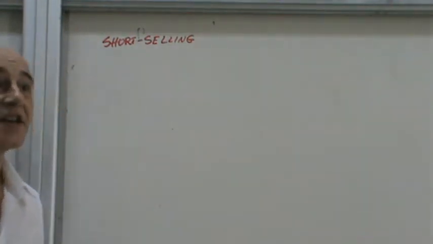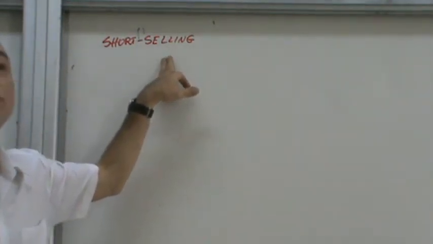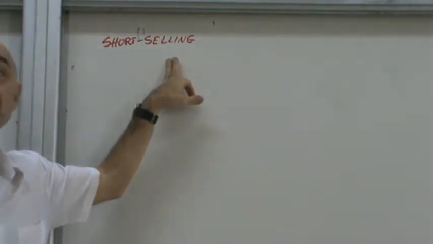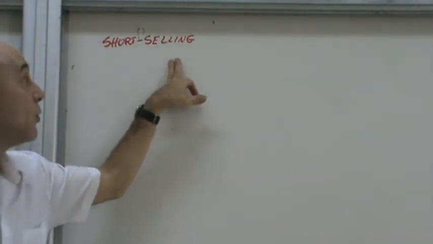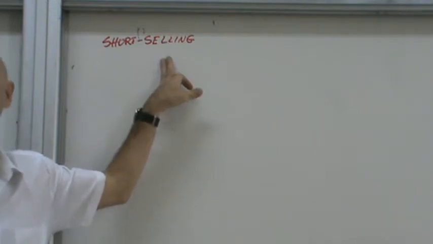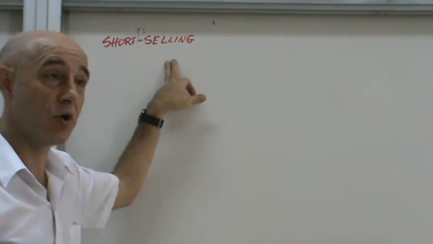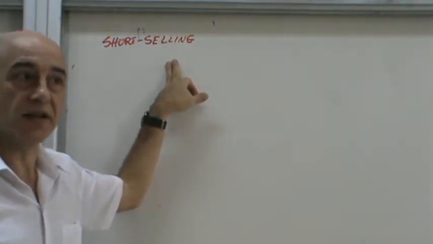Short selling is to borrow an asset and sell it on the market. In other words, short selling is selling an asset which you don't own. So you borrowed it to sell it.